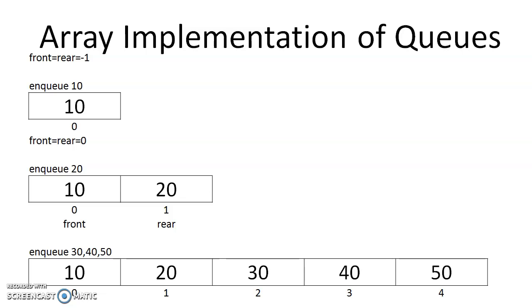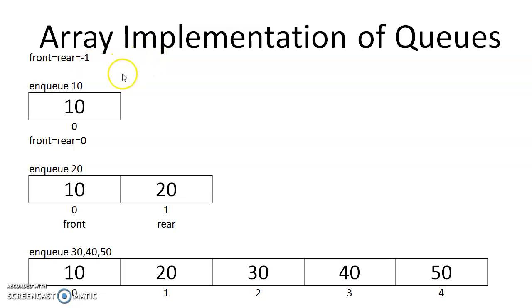Whenever the queue is full, the rear is at maximum size -1, that is, 0 to maximum size -1 is the maximum number of elements present. So initially the front and the rear will be at -1.